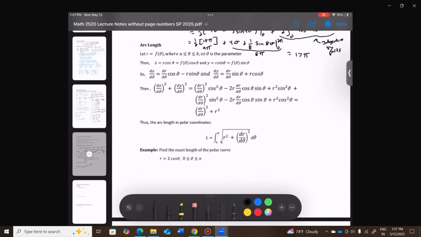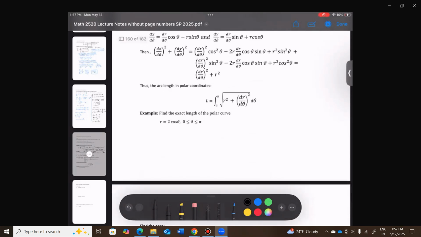Okay, so your dr d theta, in this case, if we have r equals 2 cosine theta, is going to be negative 2 sine theta. And then we want to know dr d theta squared, which is going to be 4 sine squared theta.